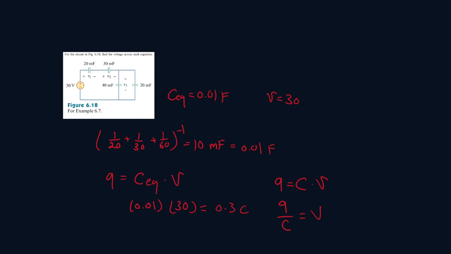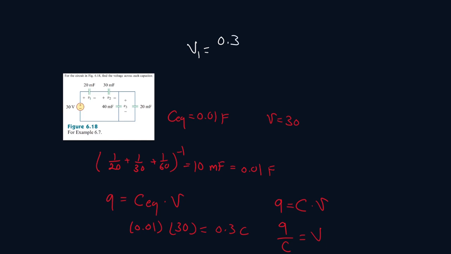So for V1, it'll be the charge, 0.3 coulombs, all over the capacitor, 20 millifarads, which is 0.02 farads. 0.3 divided by 0.02 is 15 volts. Now V2 will be 0.3 coulombs all over 0.03 farads, and that will be 10 volts.